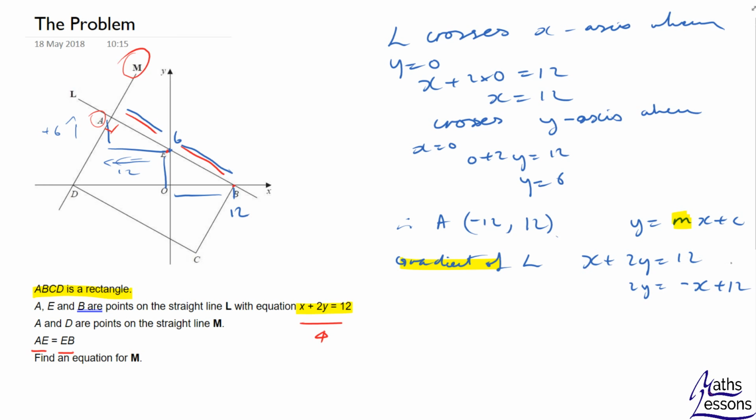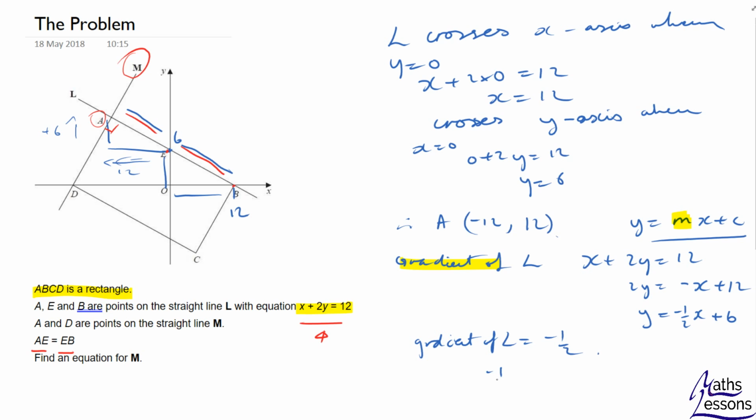You might want to write it as 12 minus x. I'm just putting the minus x at the beginning to make it more like this. Then divide each term by 2. So divide the 2y by 2, you get just y. And we divide the minus x by 2, so that gives us minus a half x, plus 6. So we now know that the gradient of L equals minus a half.